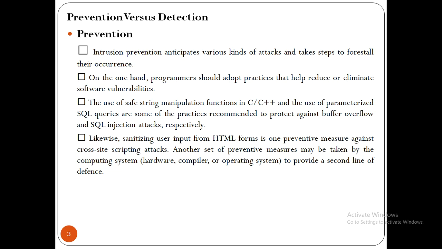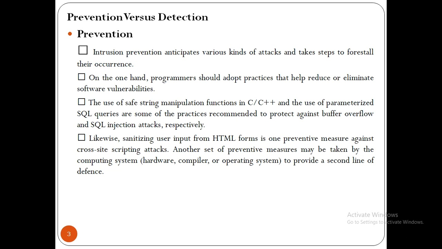On the one hand, a programmer should adopt practices that help reduce or eliminate software vulnerabilities. The use of safe string manipulation functions in C or C++ and the use of parameterized structured query language queries are some of the practices recommended to protect against buffer overflow and SQL injection attacks, respectively.